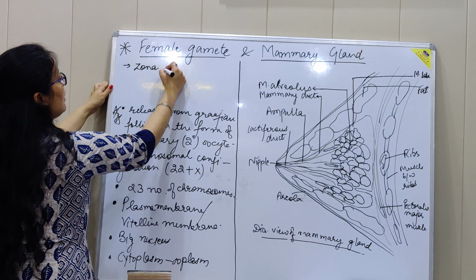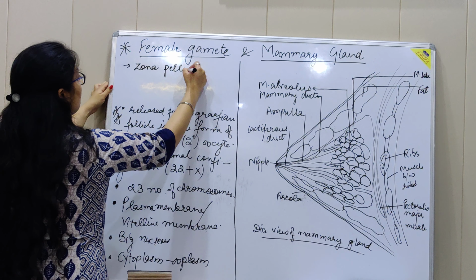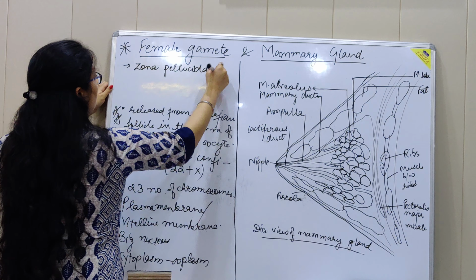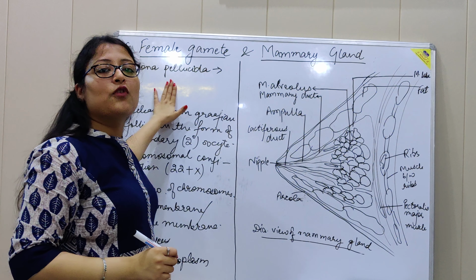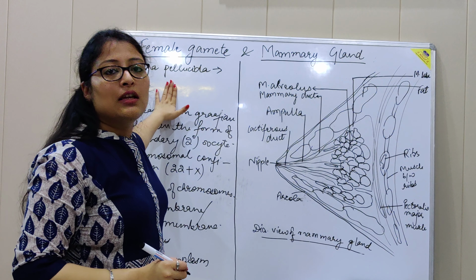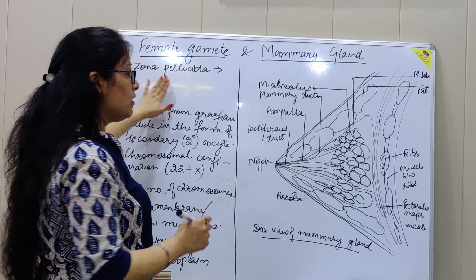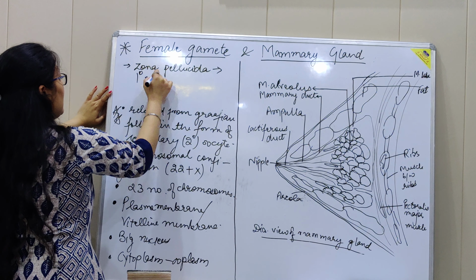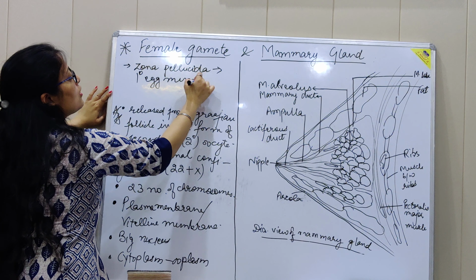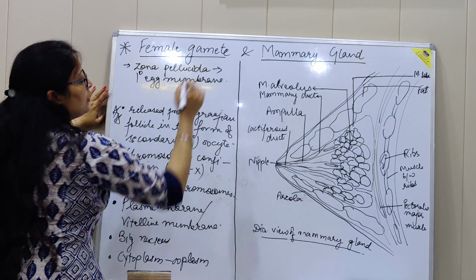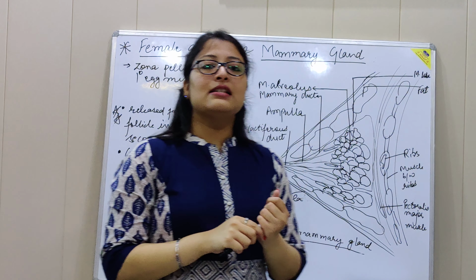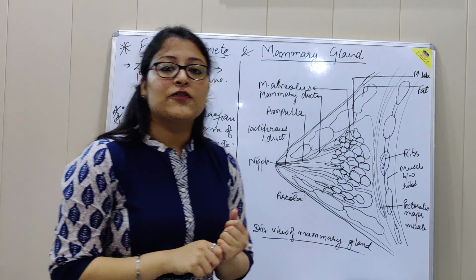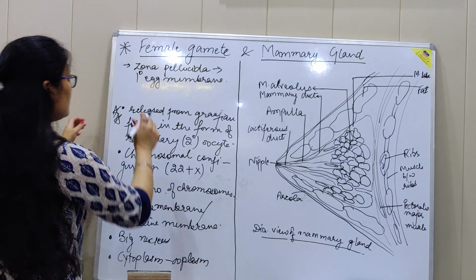Zona pellucida. A non-cellular layer is present in the form of primary egg membrane. Primary egg membrane, that is non-cellular layer. A layer of cells, that is follicular cells, that are cellular cells that form corona radiata.